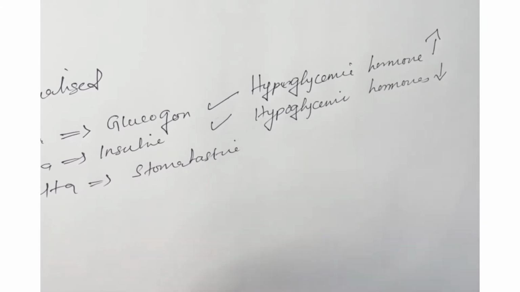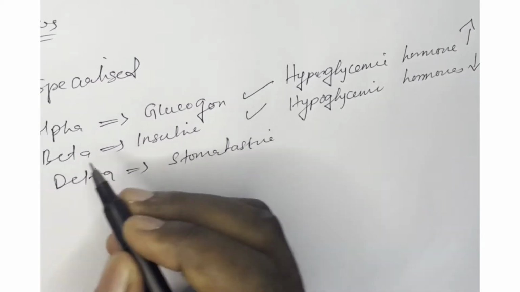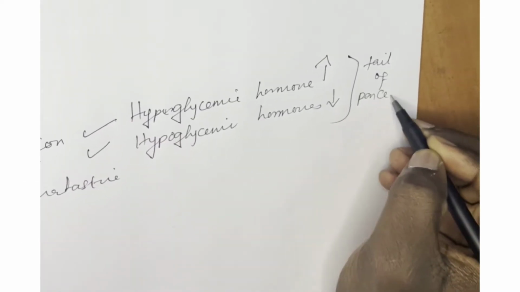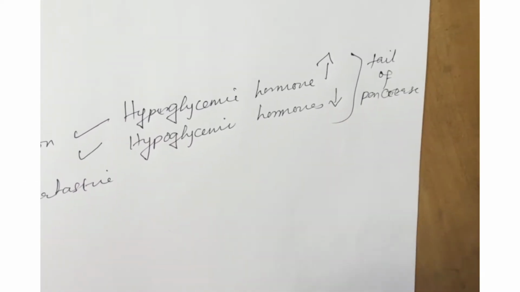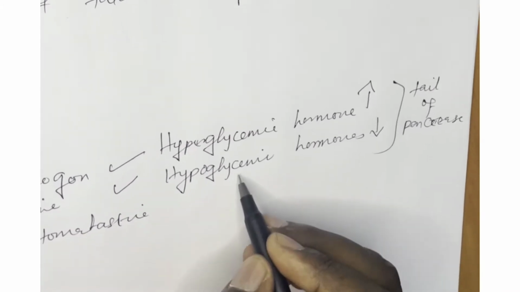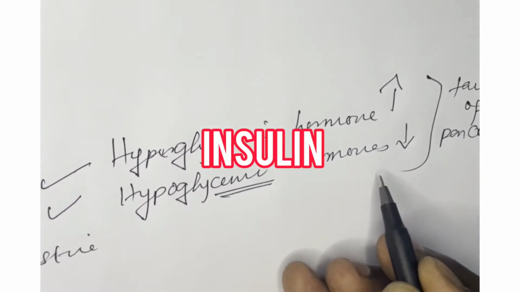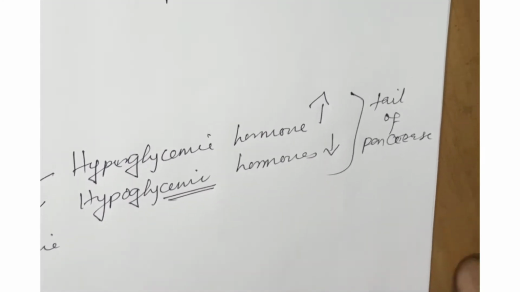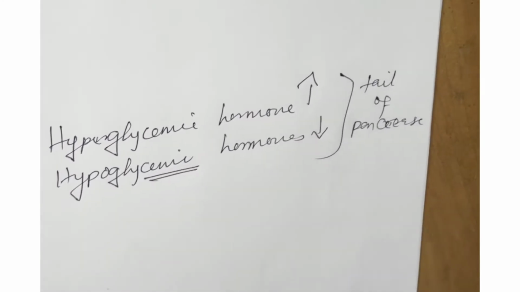The beta cells are all situated in the tail of the pancreas. When the pancreas produces this hormone we call insulin, a hypoglycemic hormone, into the bloodstream, it goes and binds to the cell receptors.